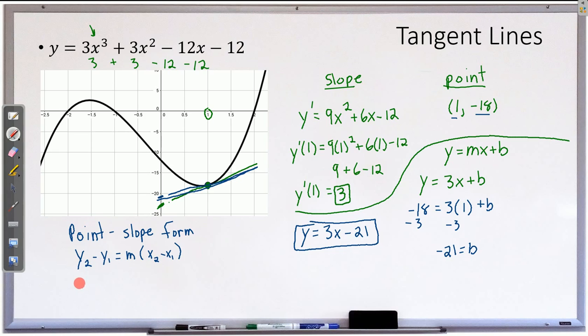All right, the first one just stays as a y, minus the y value. Our y value is negative 18. You can see how that will become positive. It is equal to m, which is 3, times x minus our x value, which is 3.